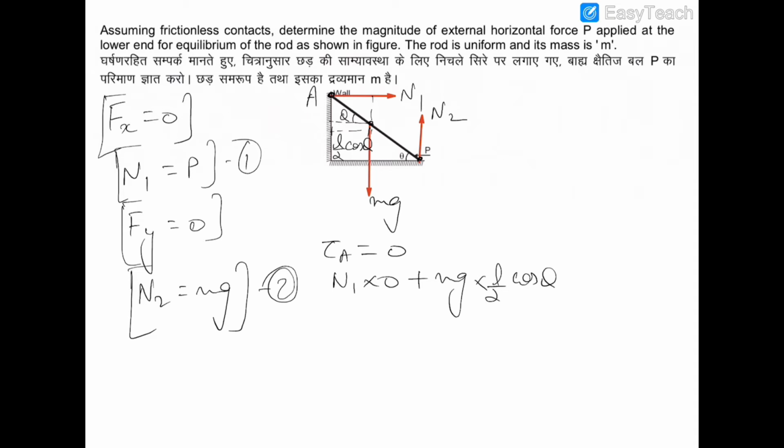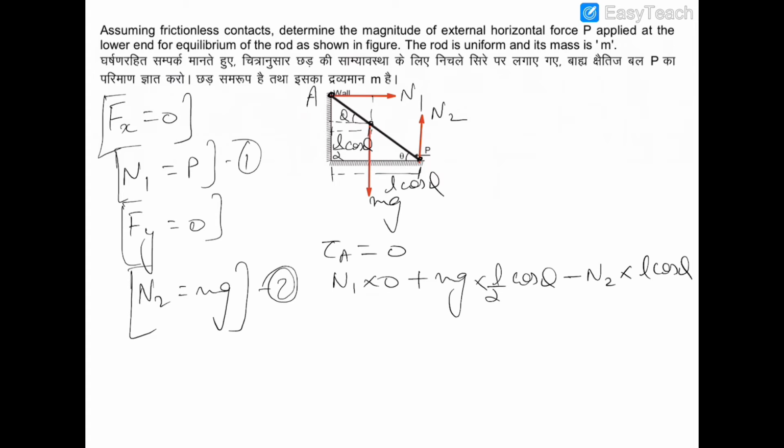You can also see that this mg is rotating the rod about point A in the clockwise sense, and N2 is rotating the rod about point A in the anti-clockwise sense. So the torque of N2, with the perpendicular distance of N2 from point A being L cos theta, would be in the anti-clockwise sense, so minus N2 into L cos theta.